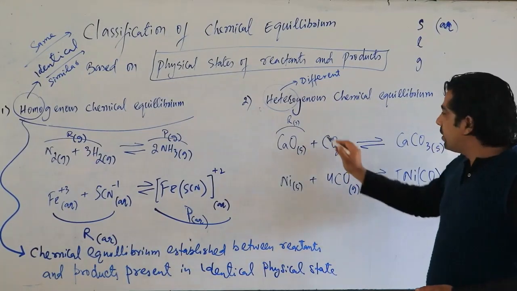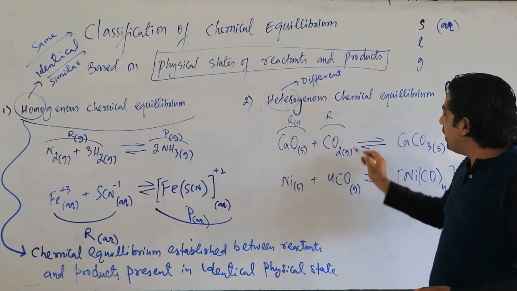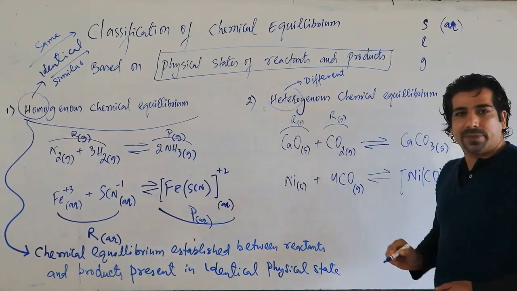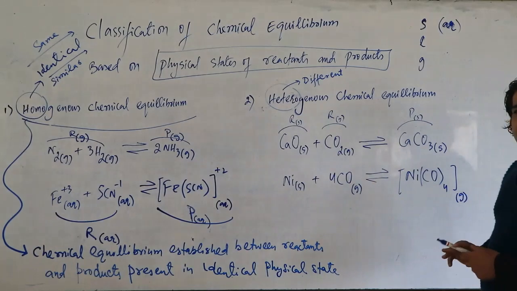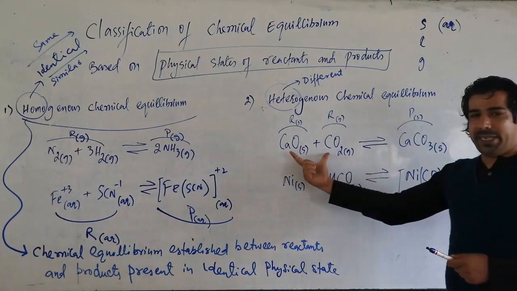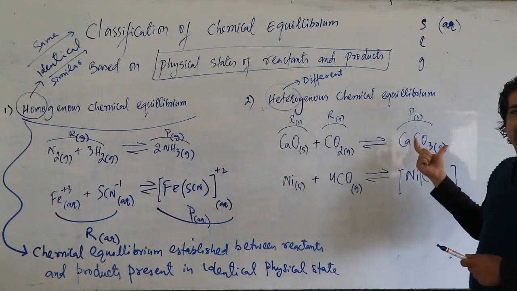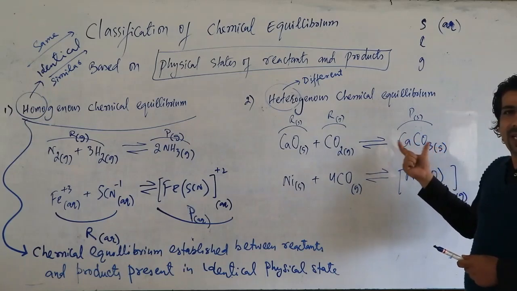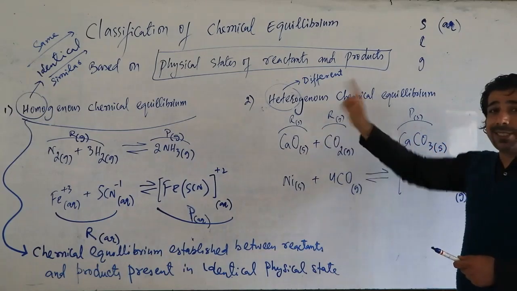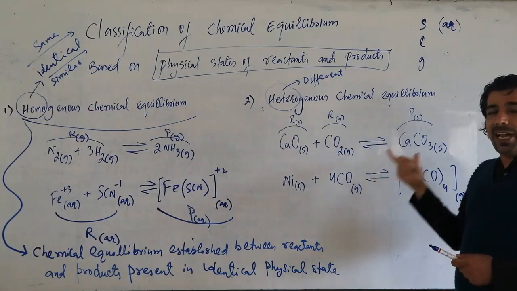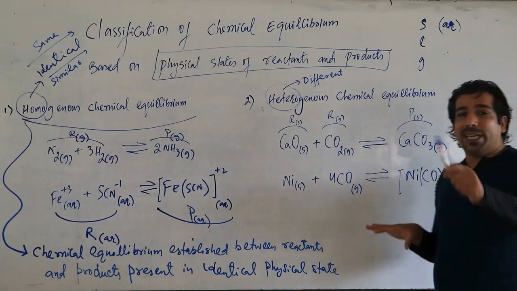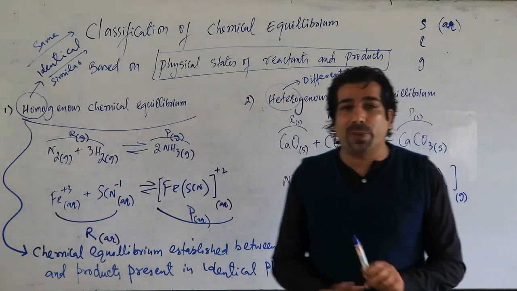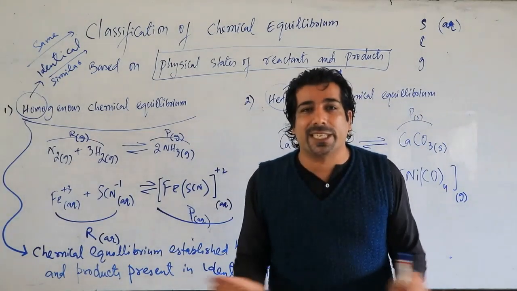The second reactant is in the gaseous state, and the product is in the solid state. Now you tell me, do you think the reactants and the products are present in the same state? No. That means reactants and products are not present in the same physical state.